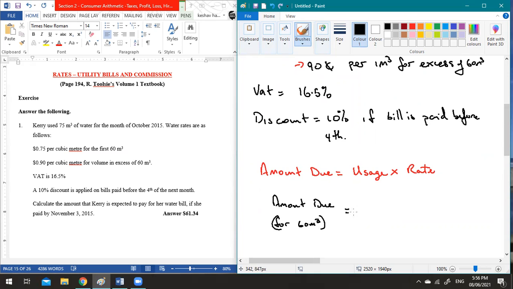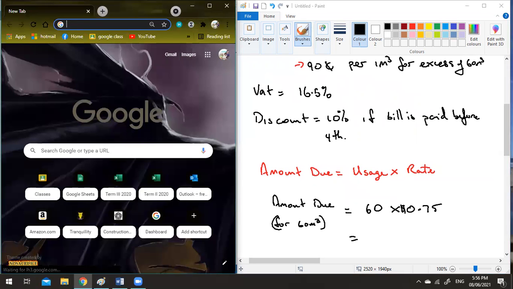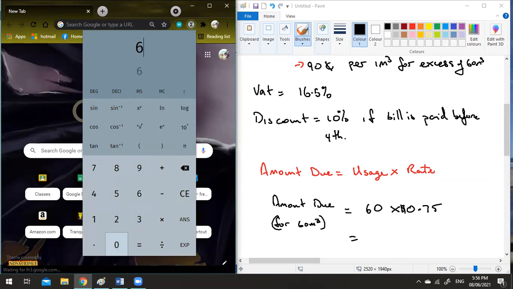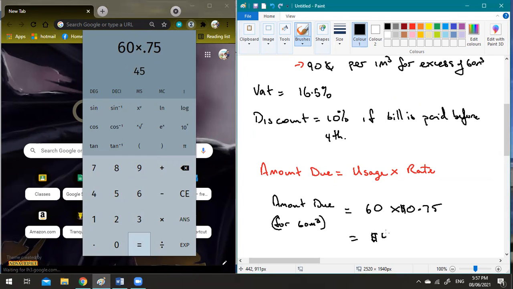For the first 60, the usage is 60 multiplied by the rate, which was 75 cents, right? So 60 multiplied by 0.75. So $45.